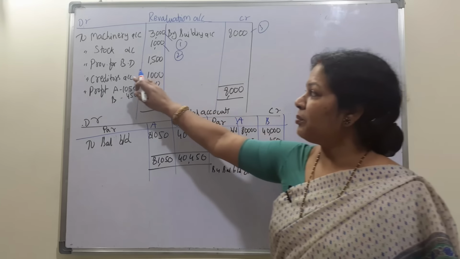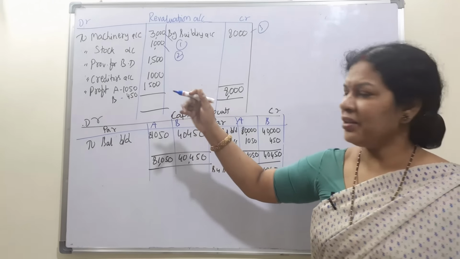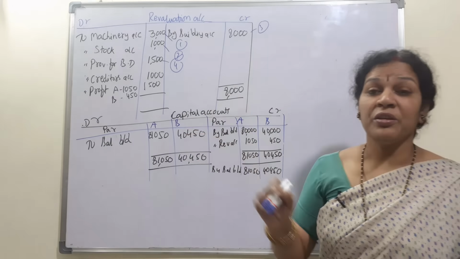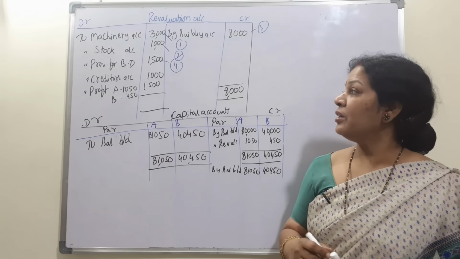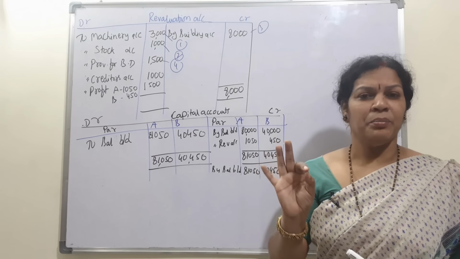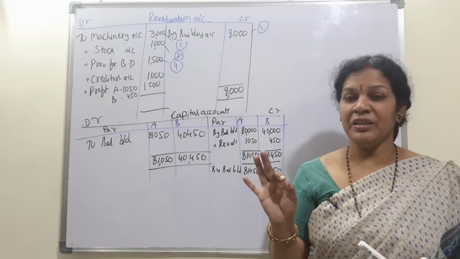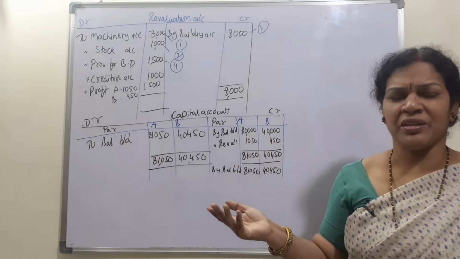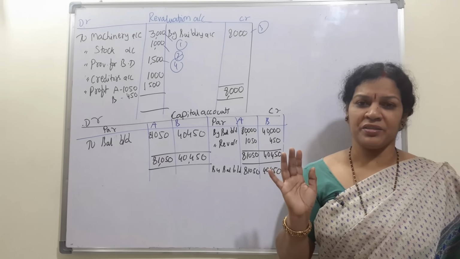Next, fourth one, provision for bad debts. It's a loss, it's on the debit side. So the fourth entry will take this: revaluation account attached to provision for bad debts, 1500. Being provision for bad debts.